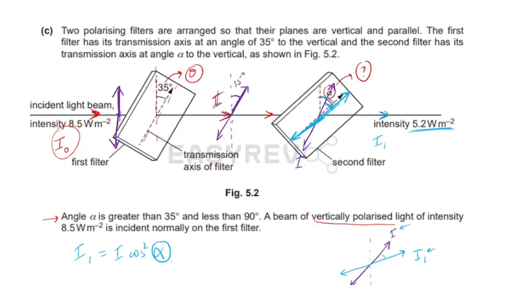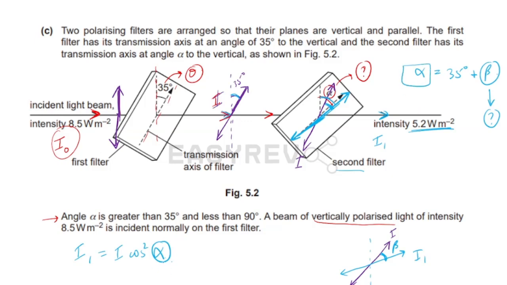Let's call this new angle, whatever it is, beta. It's going to add up to the 35 degrees to give you the total alpha. So the angle alpha is going to be 35 degrees, which is the original tilt of the incoming light coming from the first filter, plus the additional tilt that's coming after the light ray has passed through the second filter. Let's call this angle beta. So our job is to first find beta, and from that value of beta, we'll be able to calculate what alpha will be, right?